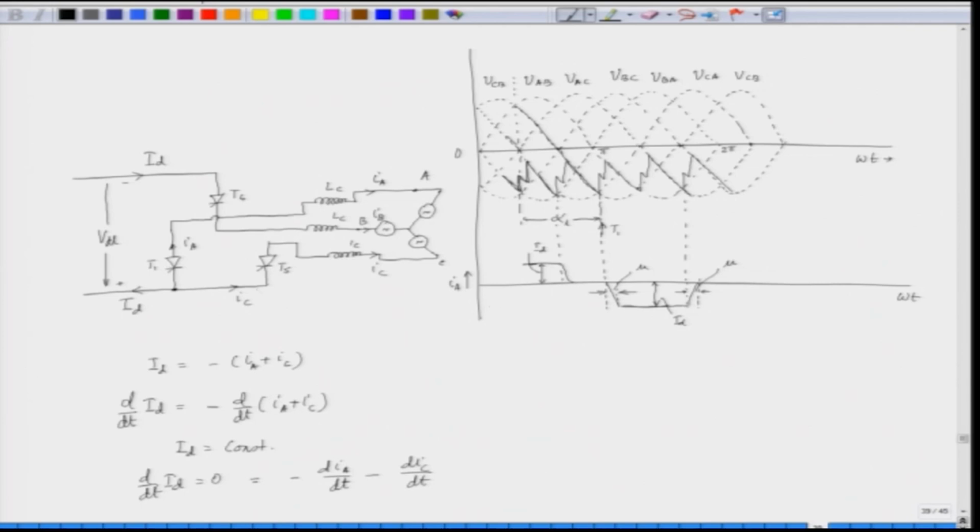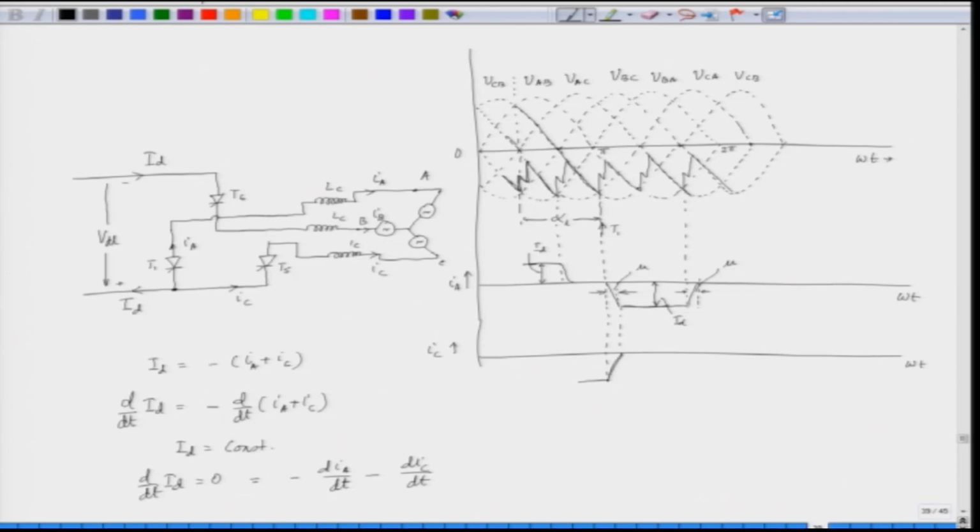So, the nature of IA will be of this sort. And what about the nature of IC? At this instant, if we draw IC at the commutation instant here, IC was initially negative. It was carrying this C phase current, and when T1 is triggered, IC will gradually decrease like this, and when IA reaches negative maximum, IC will reach 0.